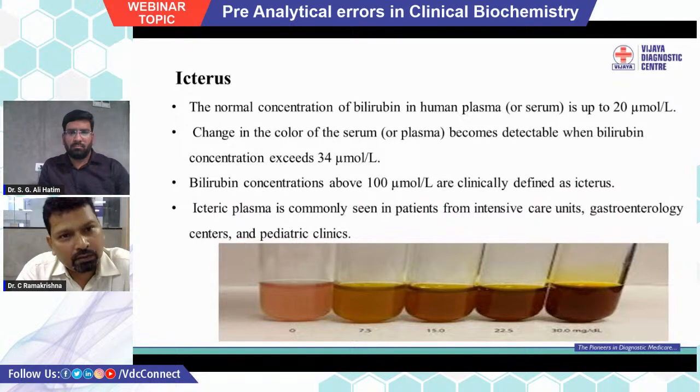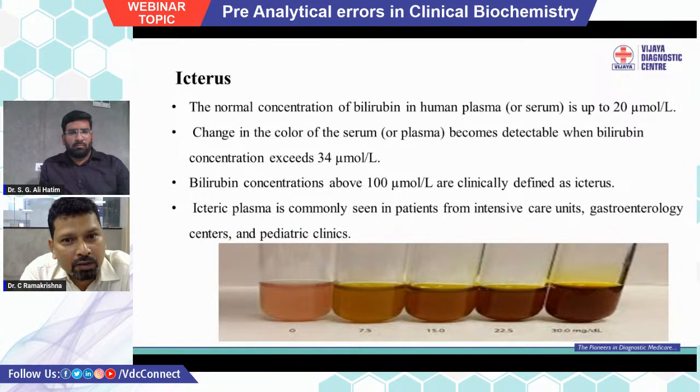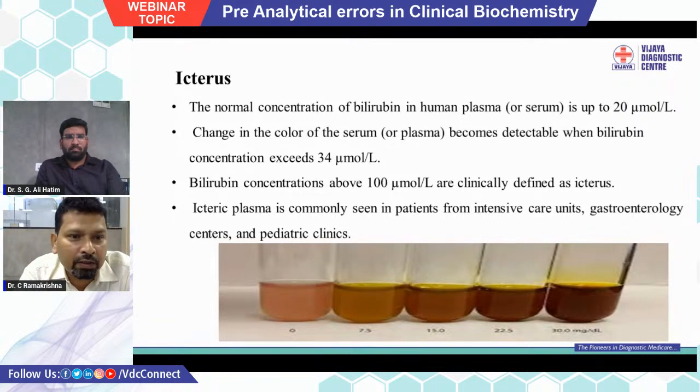So icterus. Coming to icterus, all of you know the level of bilirubin and how it affects the sample. The normal level is up to 20 micromoles per liter, and when the bilirubin concentration exceeds 34 micromoles per liter, there is a change in the color of the serum.